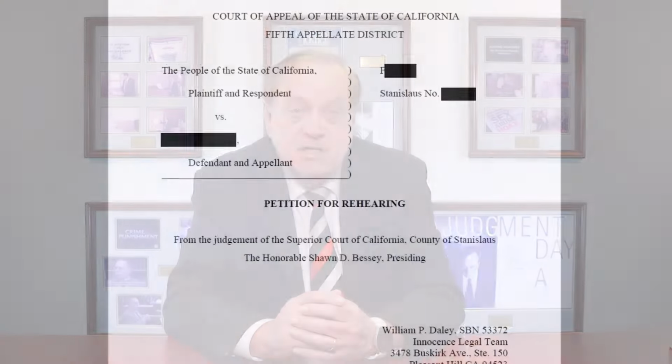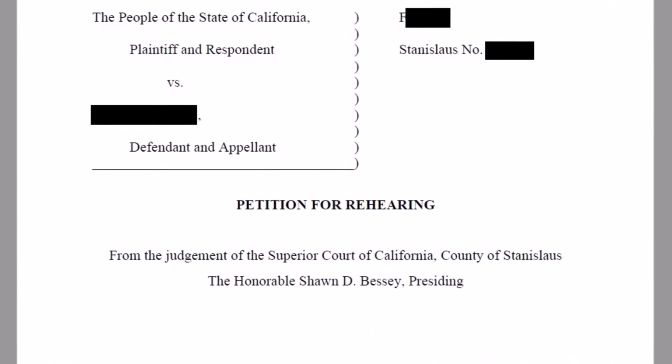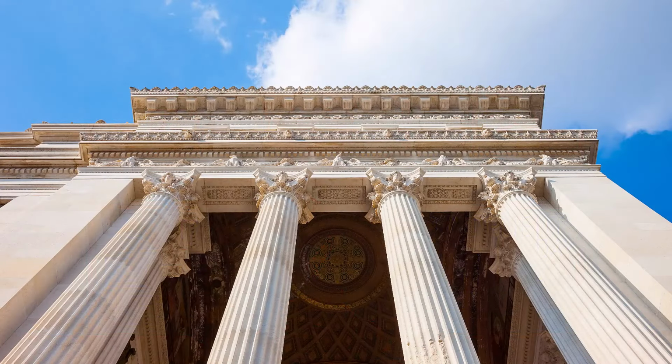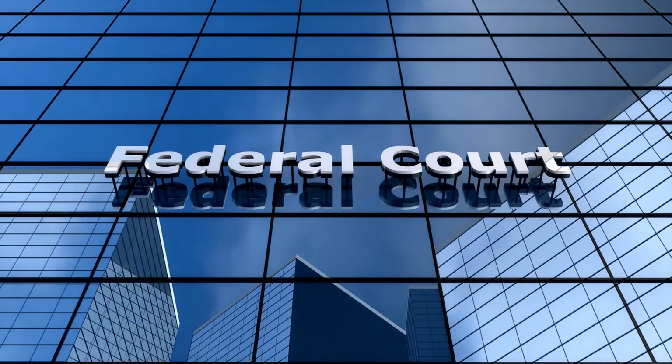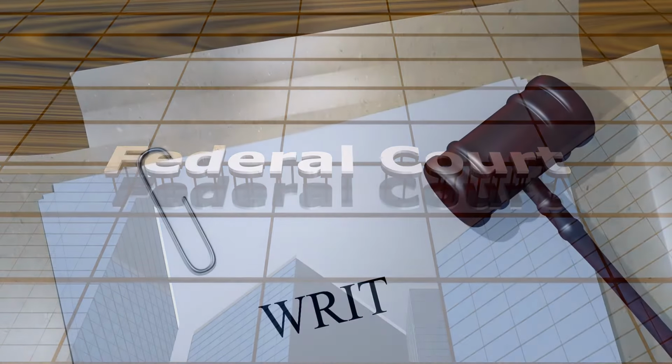Should the decision be against the defendant, a petition for a rehearing may be filed to address errors of logic or law. If rehearing is denied, a petition for review can be filed with the California Supreme Court within a given time frame. If that fails, there is still the possibility of federal court review if there are federal or constitutional issues.